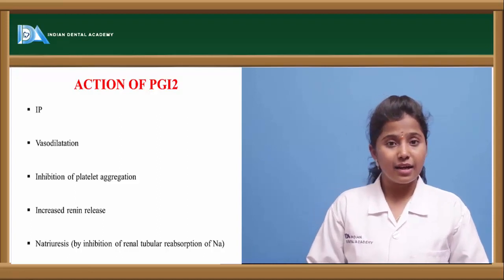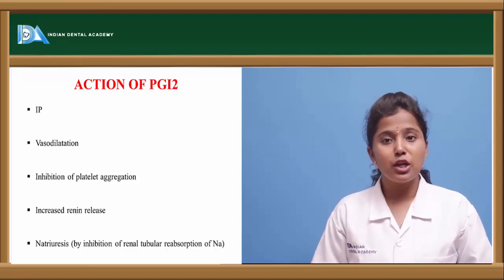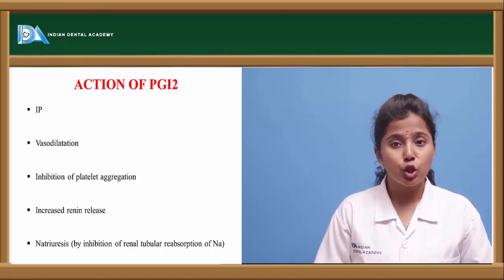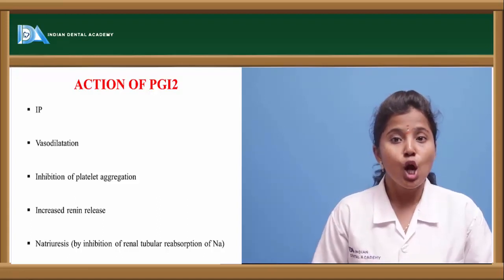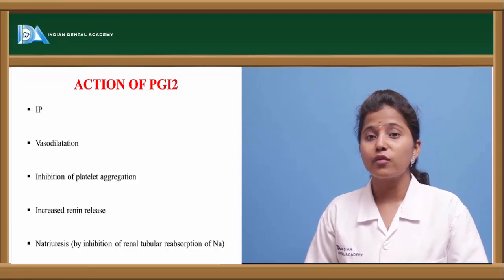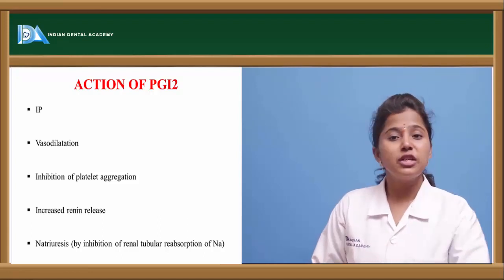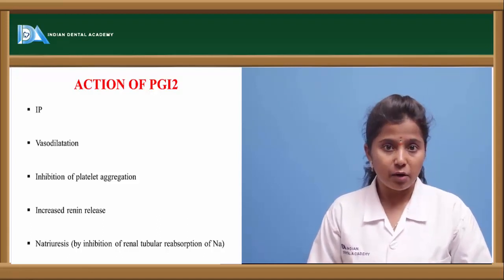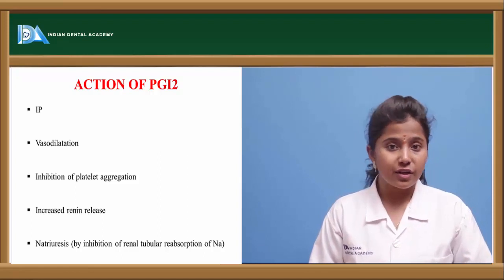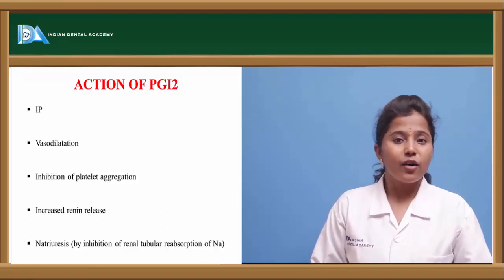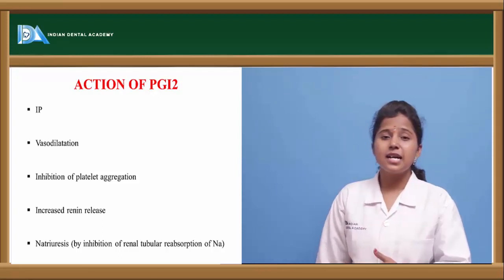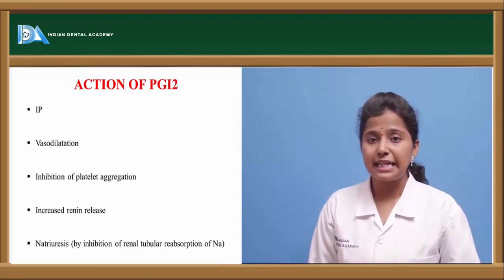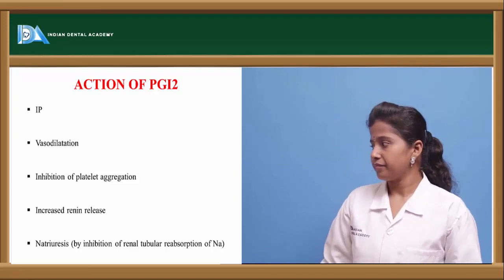This renin is useful in the conversion of angiotensinogen to angiotensin 1, which is a potent vasoconstrictor. So if a person is suffering from hypertension, PGI2 is not recommended, because PGI2 potentiates renin release, which potentiates vasoconstriction, and it shows an action called natriuresis.